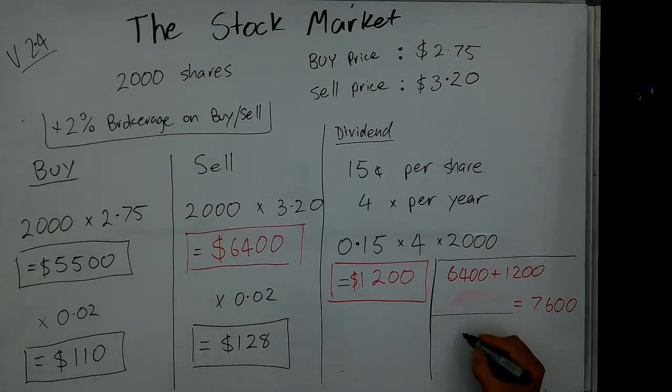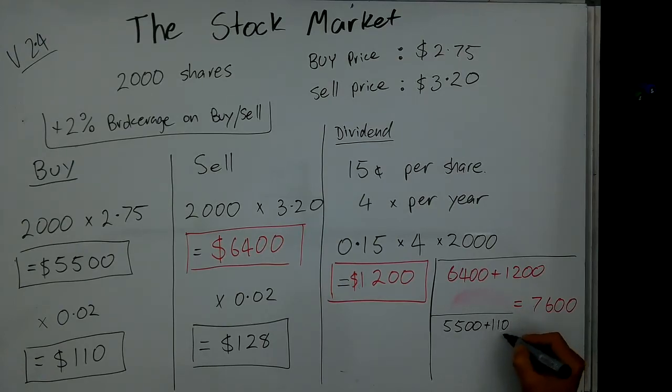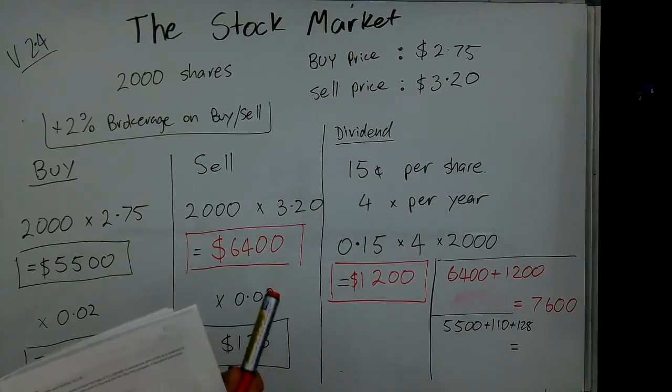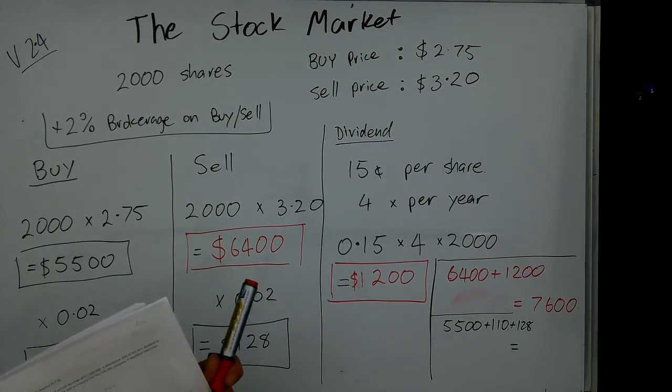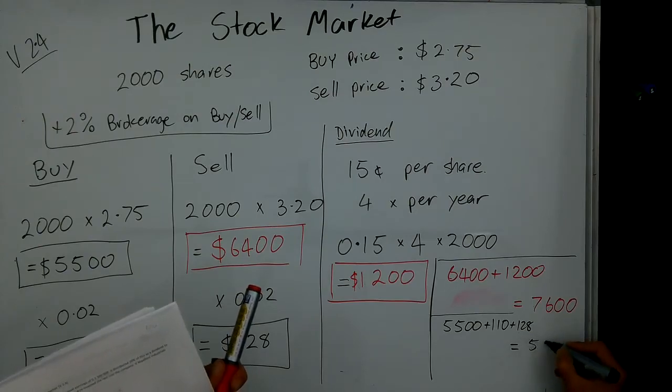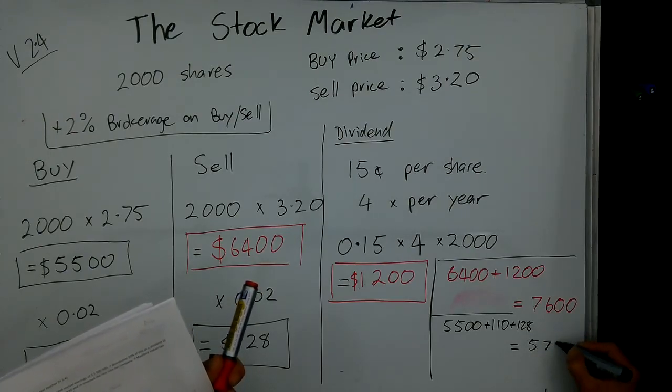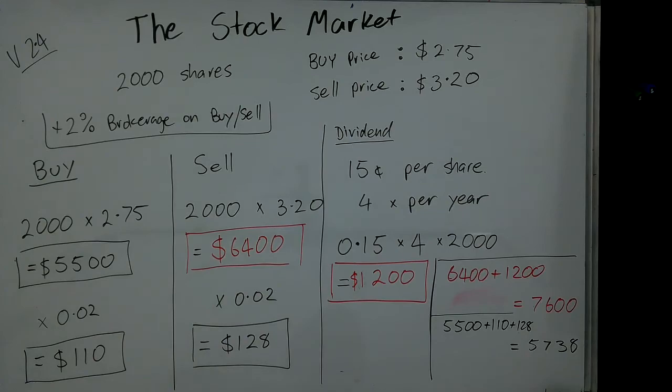In the black, we've got 5,500 plus 110 plus 128, and that equals 5,738.